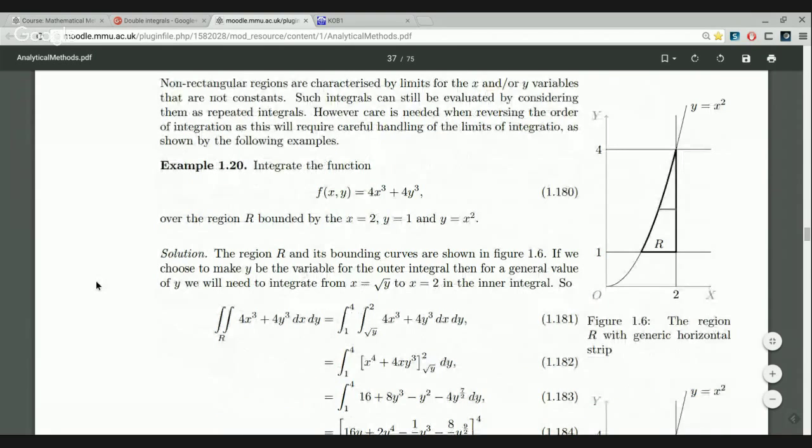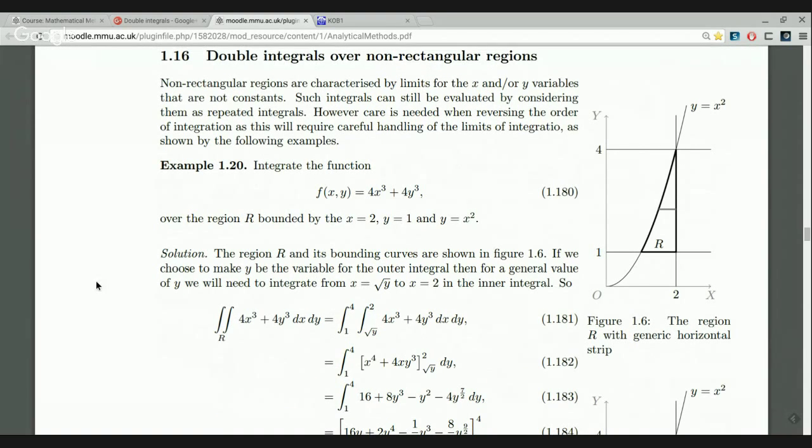So in figure 1.6 here, we can see a non-rectangular region. We're going to integrate this function f of x y, 4x cubed plus 4y cubed. Now the function isn't indicated here. Here we're just indicating the region. The region is that part of the plane that's bounded by three curves. The curve x equals 2, a line parallel to the y-axis. The line y equals 1, which goes parallel to the x-axis.